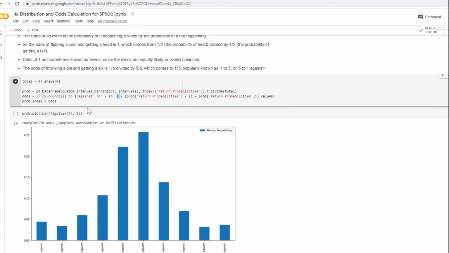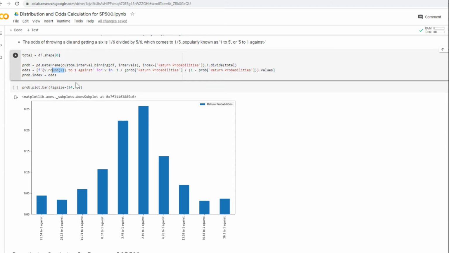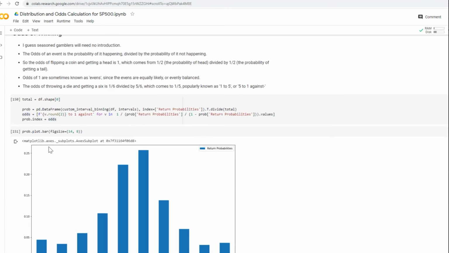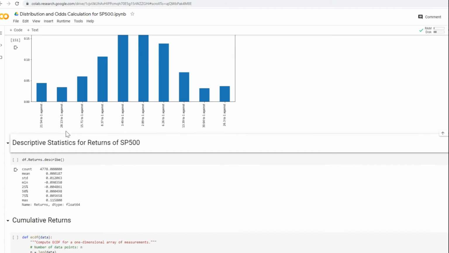You loop through the values, create a string with that outcome rounded to 2 digits, to 1 against, right? Then assign it to a new index and plot the values, and instead of the intervals, you have the odds of that specific outcome.